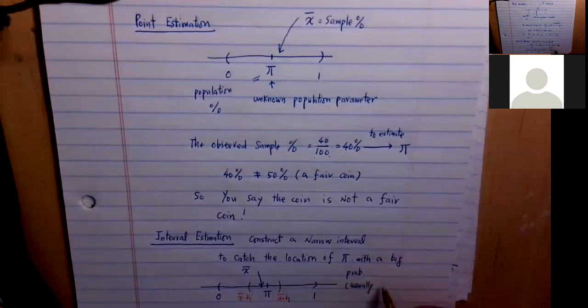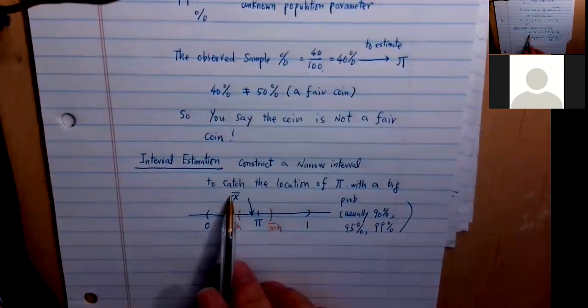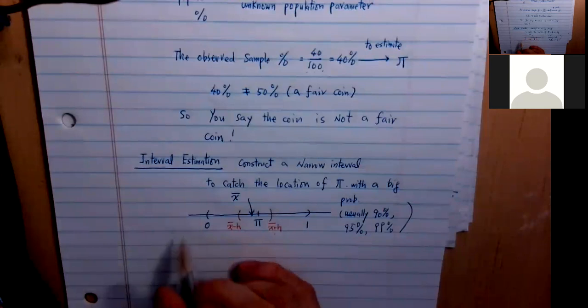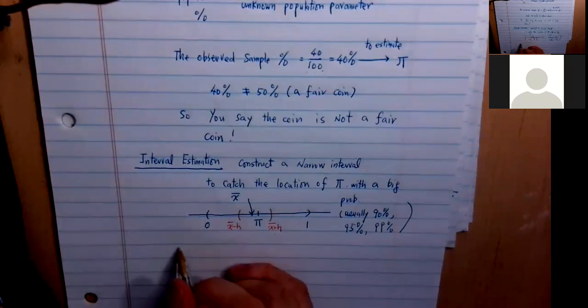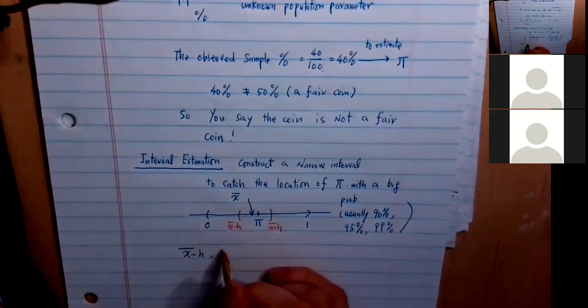Usually 90% chance, 95% chance, or 99% chance. So the interval we constructed is x bar minus h to x bar plus h.